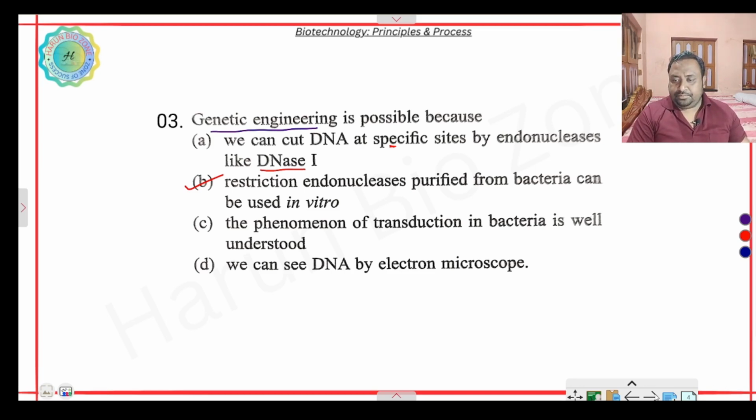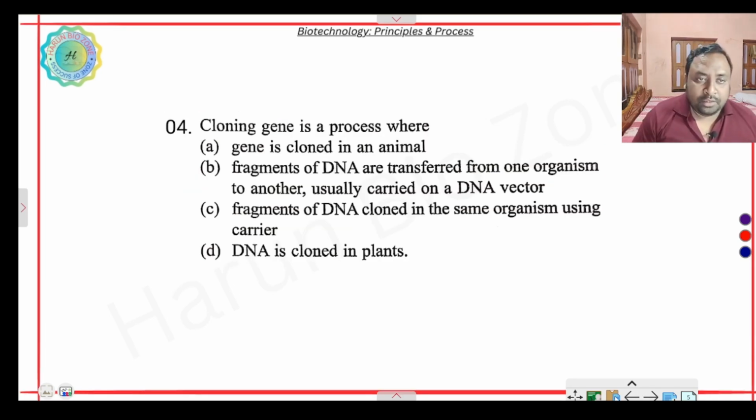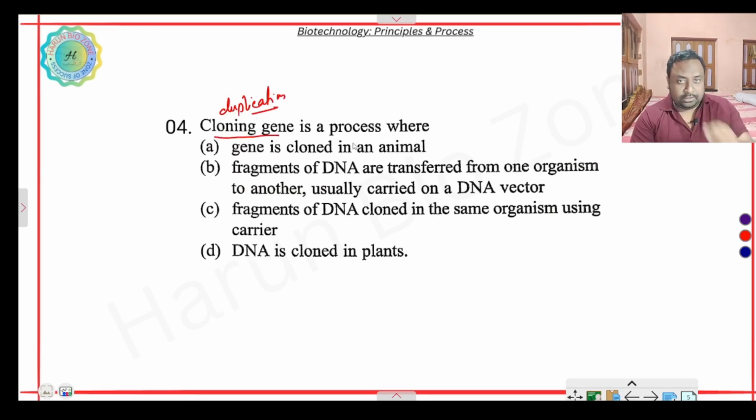Next question. Cloning gene is a process. Cloning means duplicate copy, duplication. So the cloning gene is a process where fragments of DNA are transferred from one organism to another, usually carried on a DNA vector. Not cloned in the same organism.